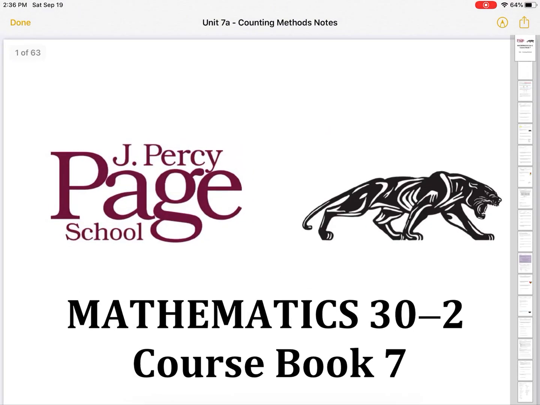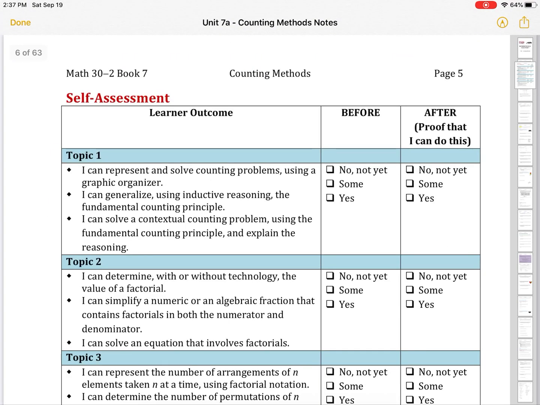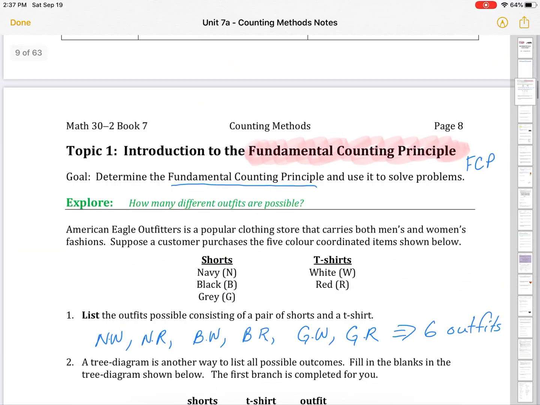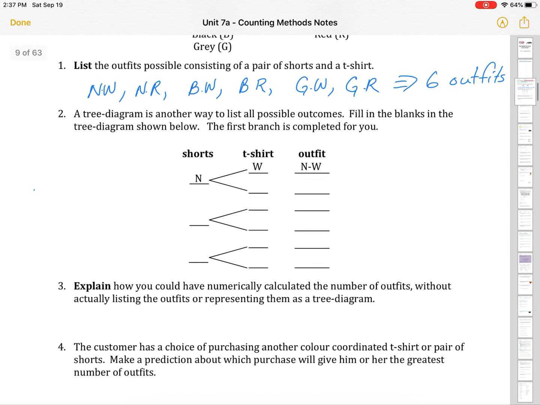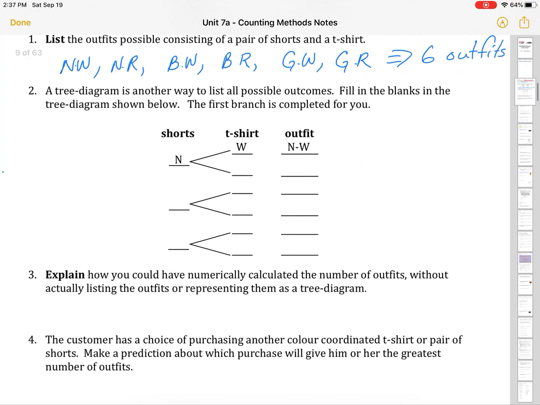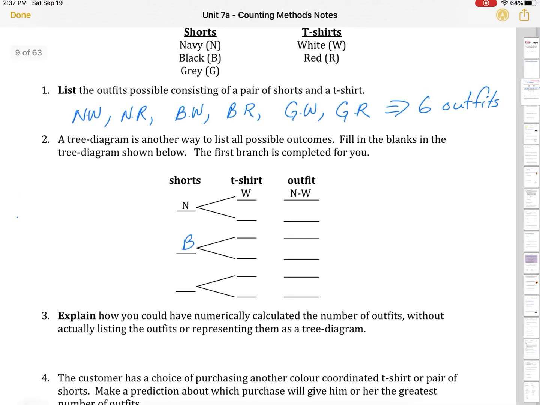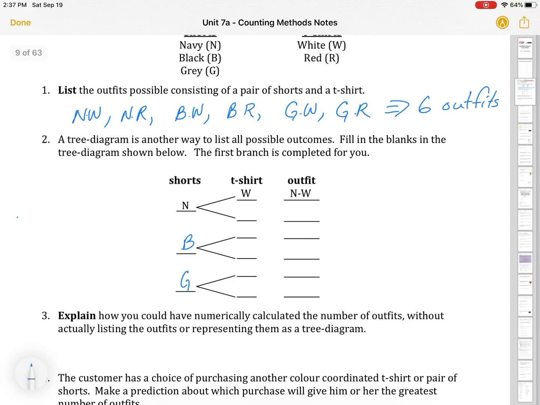We can also organize this information in a tree diagram. Sorry about that, guys. So we can organize it using a tree diagram, and this can be used to organize all our possible outcomes. So we're going to fill in the blank of the tree diagram shown below. So for shorts, we had navy, black, and gray.